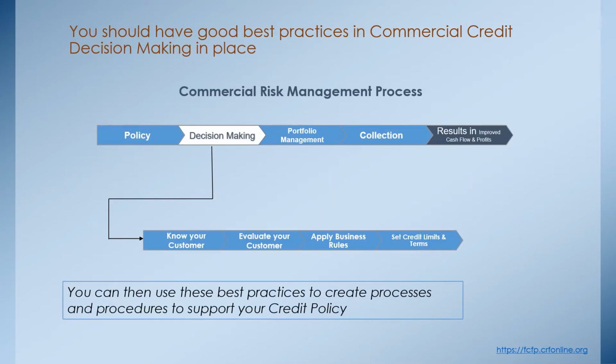So our recommendation is to have good best practices in commercial credit decision making that cover 4 key areas. They're at the bottom of the screen here, and they include knowing your customer, evaluating your customer, applying business rules, and then setting credit limits and terms. So these best practices should be the processes and procedures to support your credit policy.